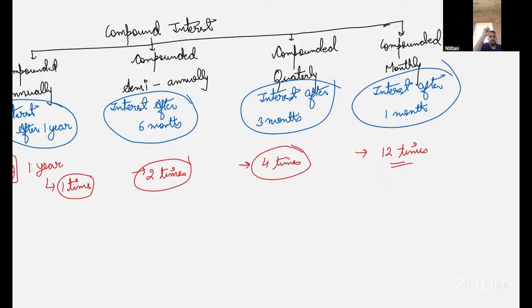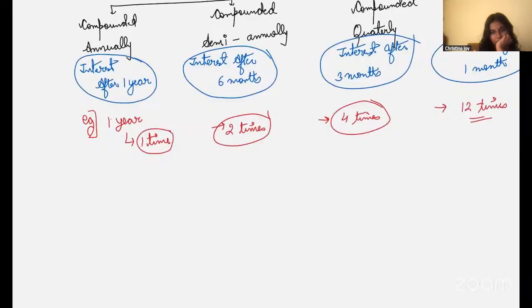April, May, June, two times. Then July, August, September, three times. October, November, December, four. So in 1 year, four times you will apply the interest.